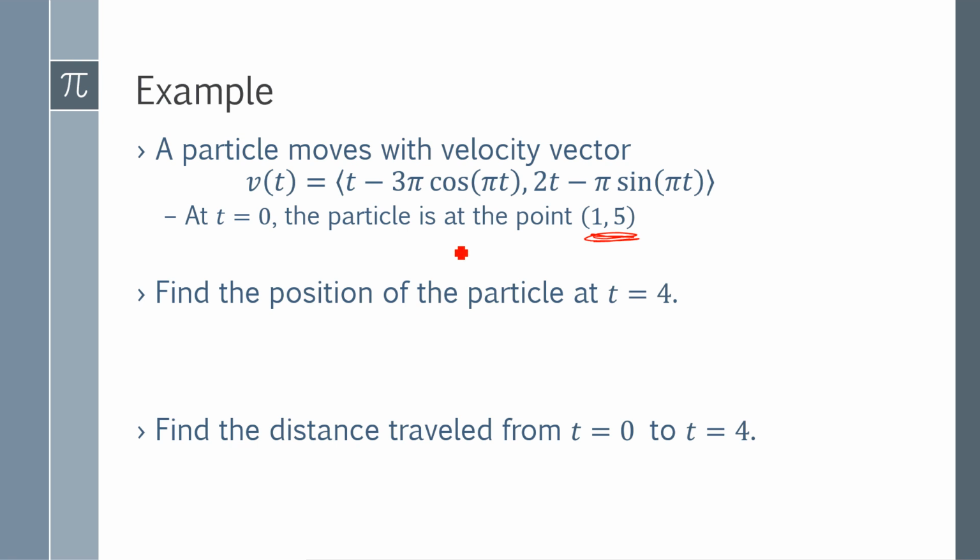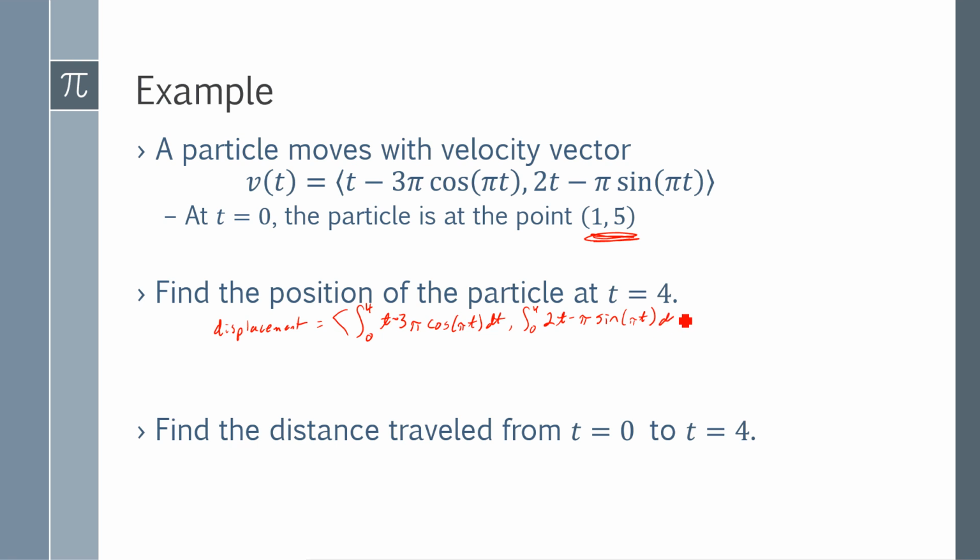And I'm told the velocity, so from velocity, I can accumulate velocity to get the displacement. So my displacement would be the integral from 0 to 4 of the x component of velocity and the integral from 0 to 4 of the y component of velocity.